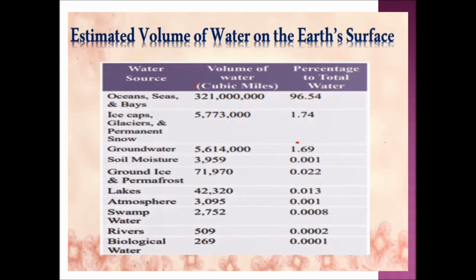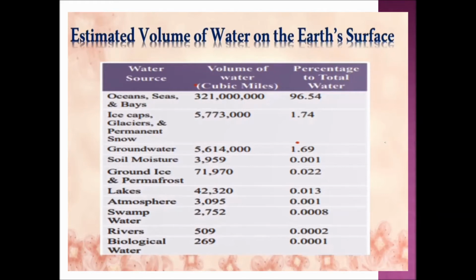This is an approximate estimation about the volume of water on the earth's surface. This tabular column is provided in your textbook. Students, you can take a look at it. First, they have given data for oceans, seas, and bays. Then for ice caps, glaciers, and permanent snow.